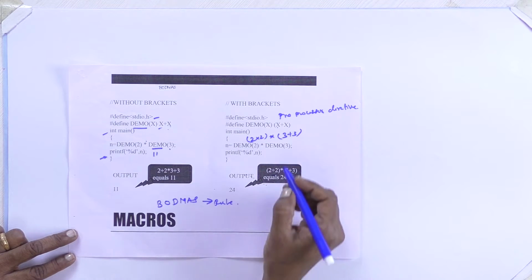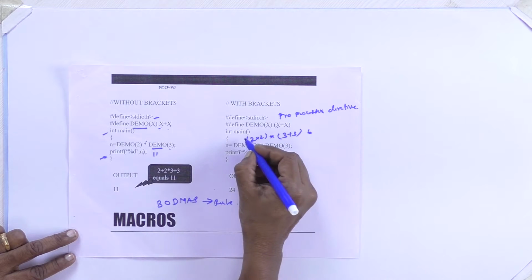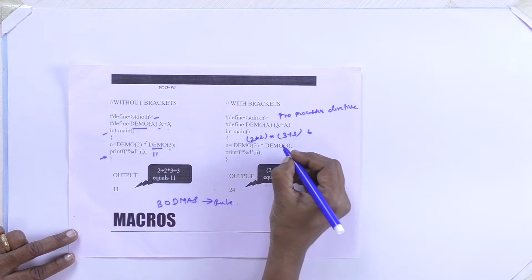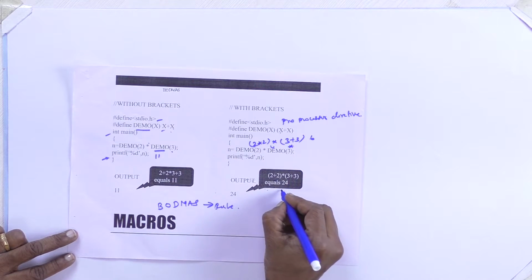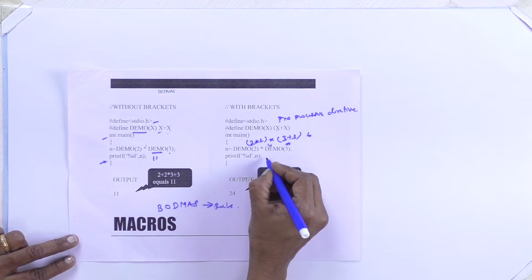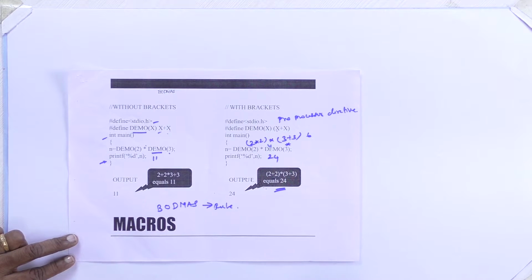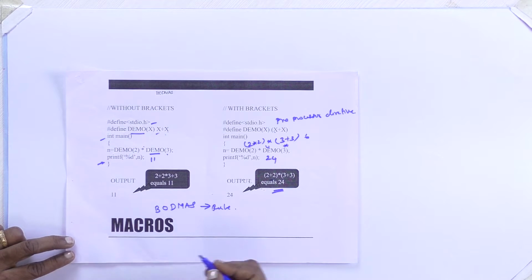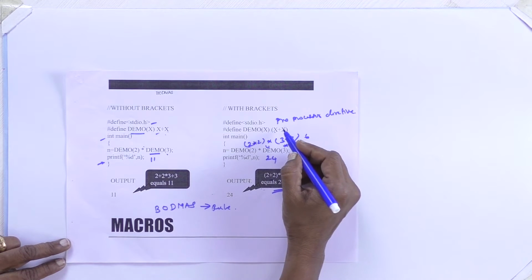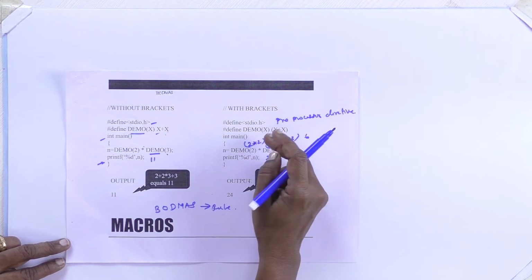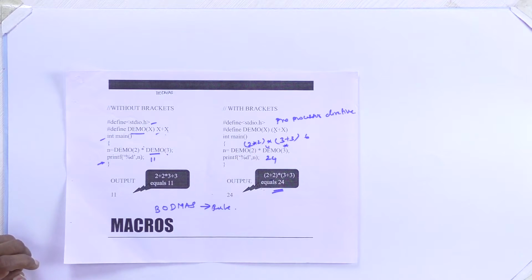So finally 3 plus 3 is 6, 2 plus 2 is 4. So 6 cross 4, the answer 24 will be printed in this n. So this is how we make use of the macros. Once the macros have been defined, globally we can include them in our function.